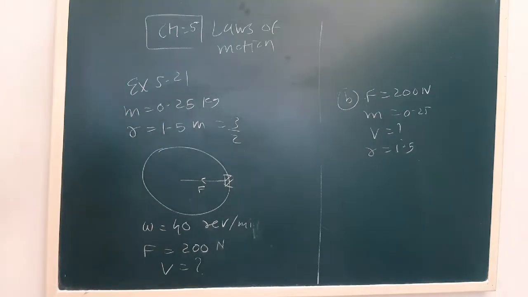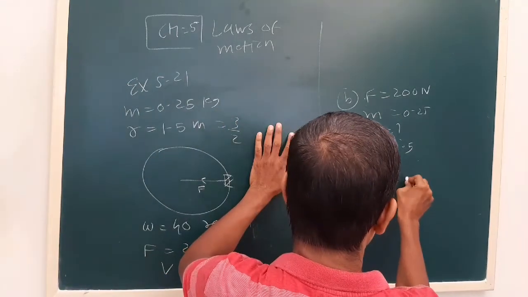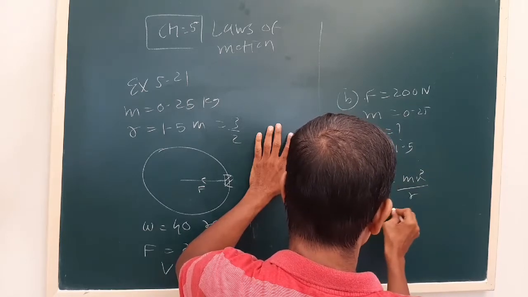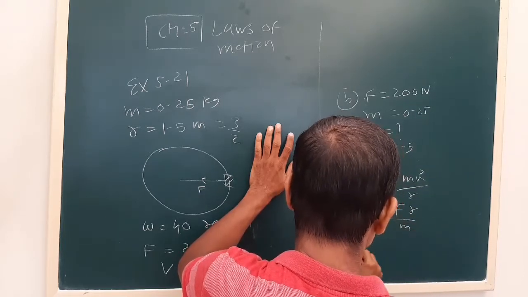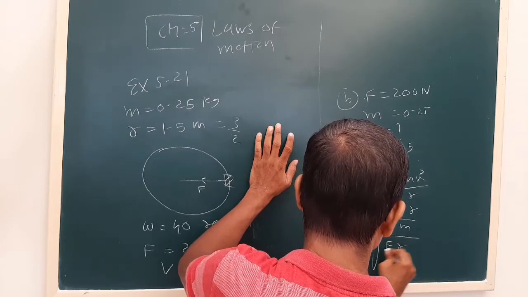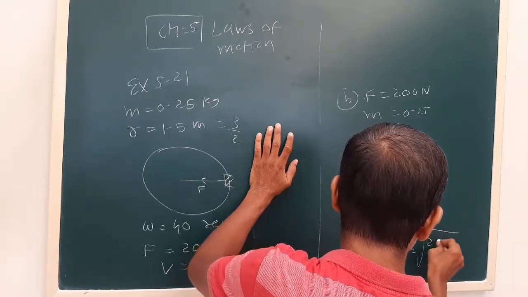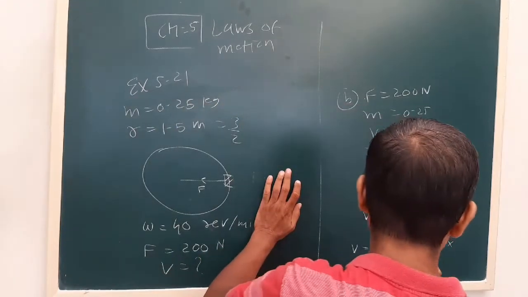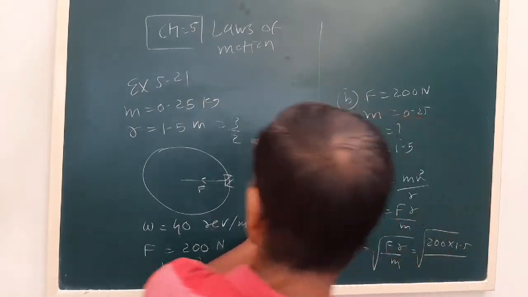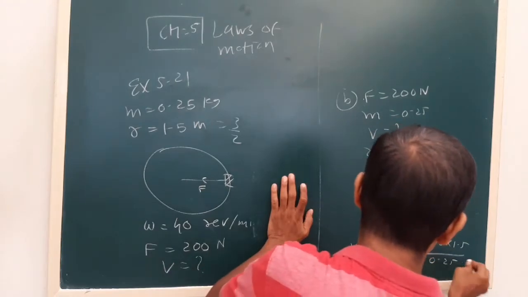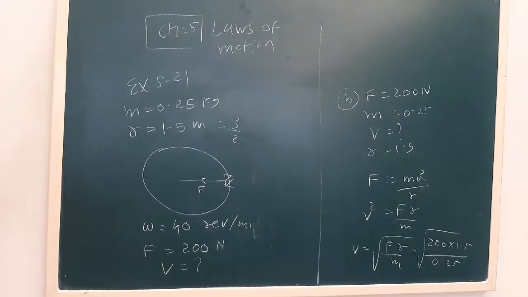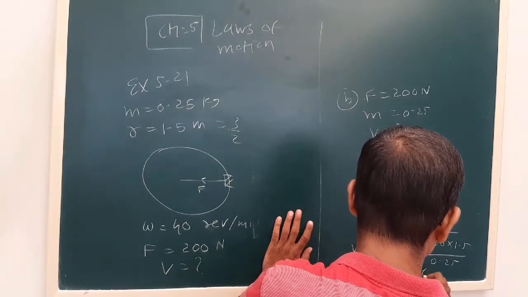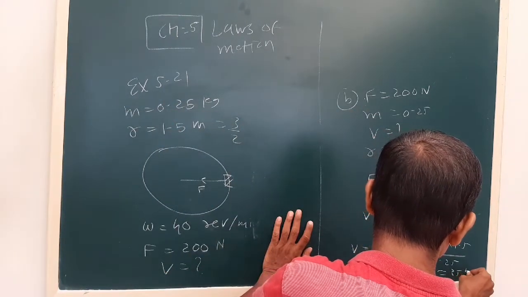We use the equation F equals m v square by r, so v square is F r by m. Force is 200, r is 1.5 and mass is 0.25. If you solve this, the value will be 34.64, or 35 meter per second.